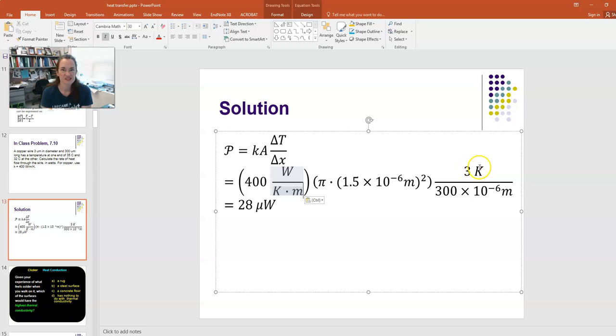So 3 Celsius is 3 Kelvin in terms of a temperature difference. So that's our delta T, and then our delta x is the length of the wire, which is 300 micrometers, or 300 times 10 to the minus 6 meters. So putting all that into our calculators, you can get a power of 28 microwatts, right? And that would be the rate of heat energy transfer.